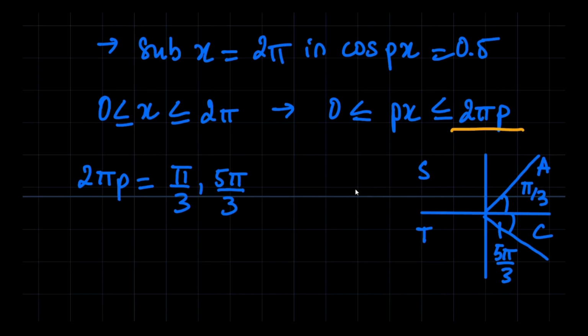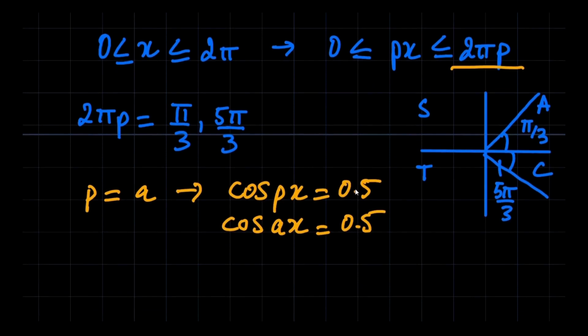Here we sub x equals 2 pi into cos px equals 0.5 to solve for p as the horizontal dilation. This means that whatever value of p we find, let's say p equals a, when we sub it back into cos px equals 0.5, we will generate a solution at x equals 2 pi.